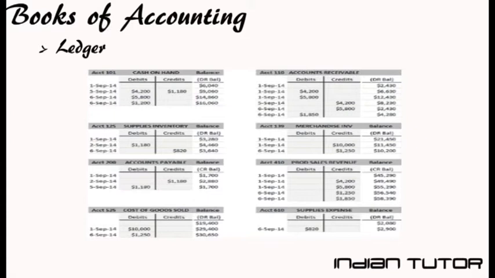For example, in the furniture ledger, only transactions of purchase and selling of furniture would be recorded. Another instance is, in the above example, in goods sold ledger, only transactions of goods sold are recorded. The advantage of creating a ledger is that at a glance you can understand the performance of an account for the period.